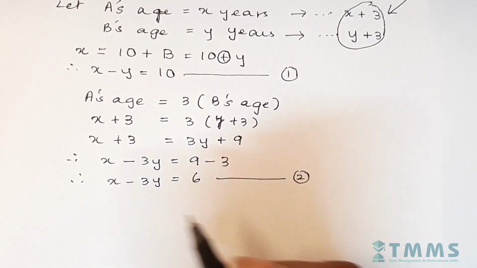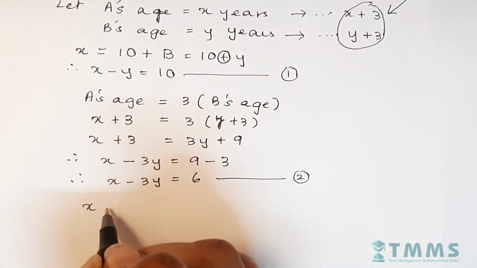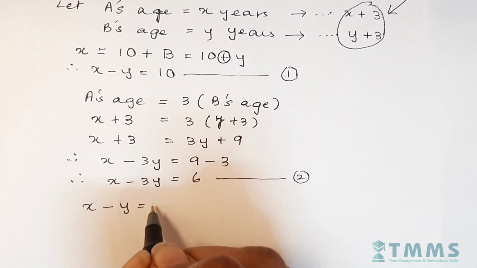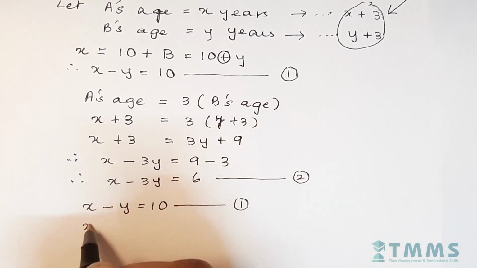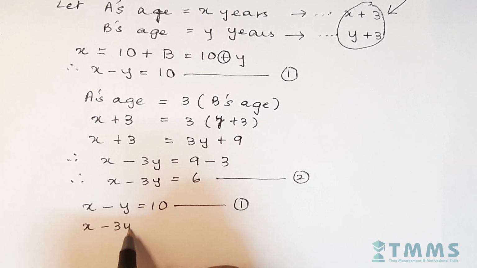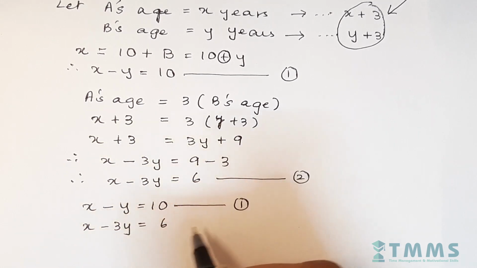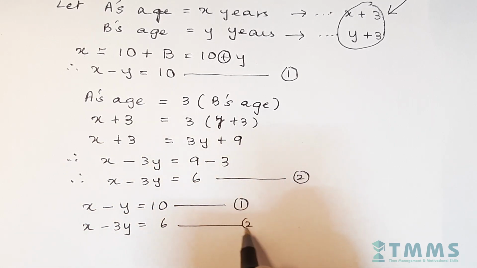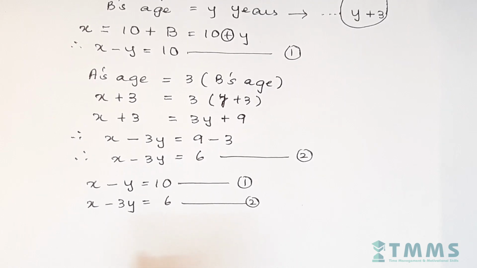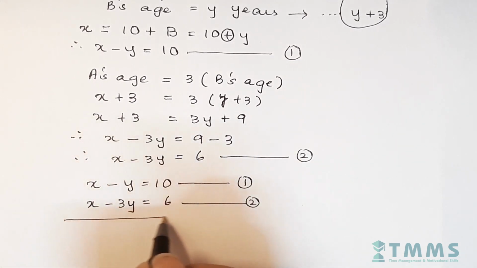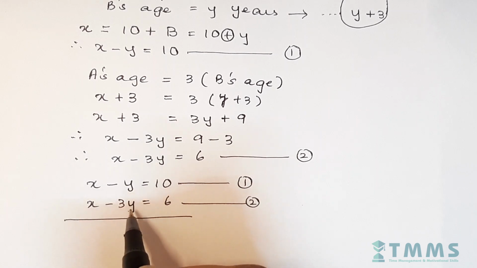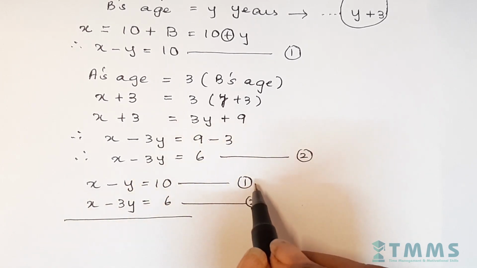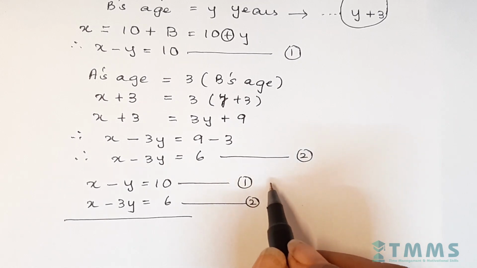And now let us write the two equations together. X minus Y equal to 10, we'll call that equation 1, and X minus 3Y is equal to 6, and that is our equation 2. Now you will see that Y is here 1Y and here 3Y. So in order to cancel out this Y, I'll have to multiply this equation by 3.